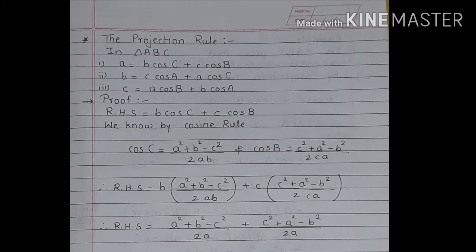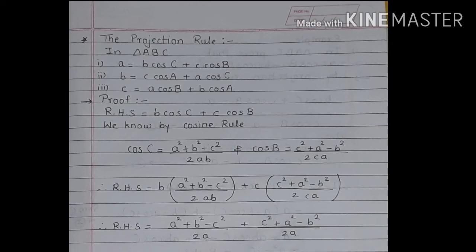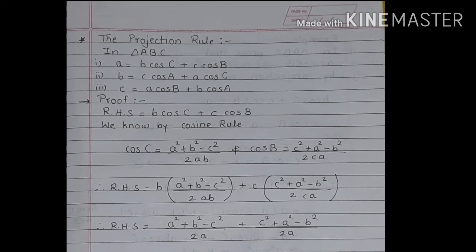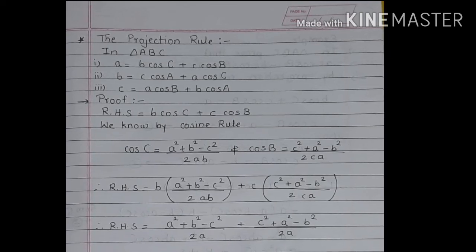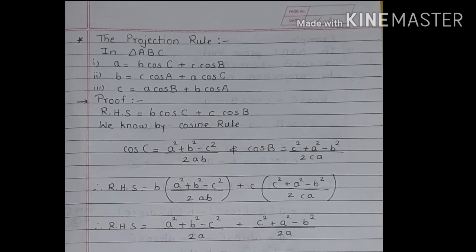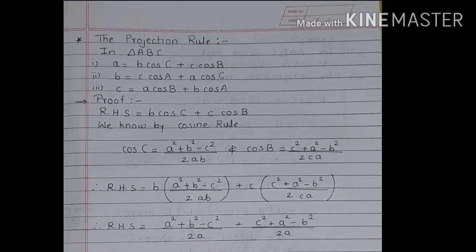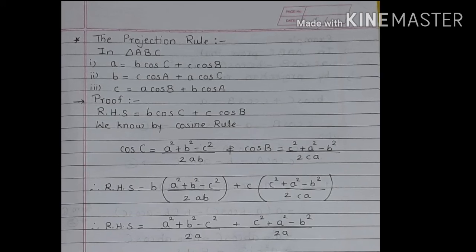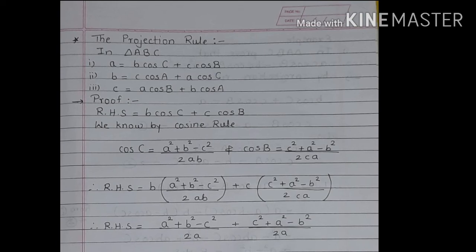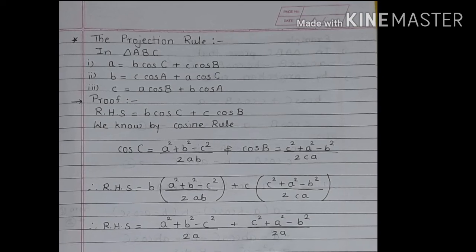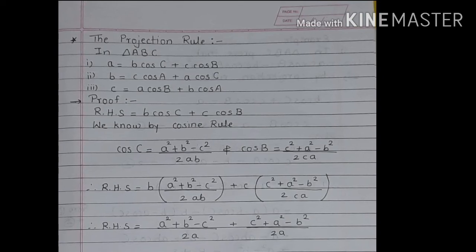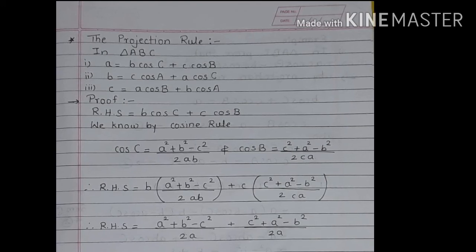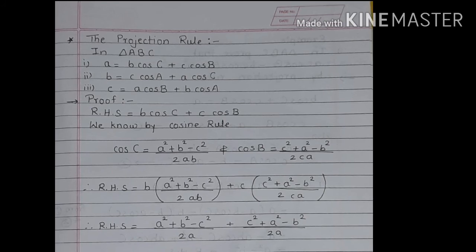So cos C is equal to a square plus b square minus c square upon 2ab, and cos B is equal to c square plus a square minus b square upon 2ca. So the right hand side will be b into the value of cos C plus c into the value of cos B. Cancelling small b from numerator and denominator, and also small c, we get (a square plus b square minus c square) upon 2a plus (c square plus a square minus b square) upon 2a.